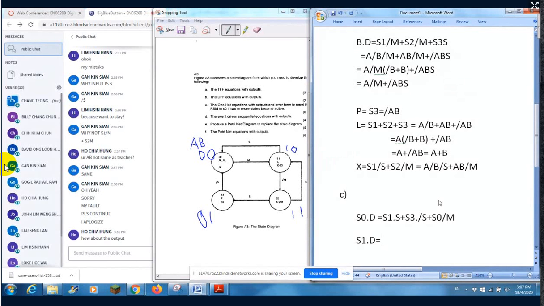Okay, S1D or S1, you actually are coming from two paths. S0 M, and also all with S2 M, all with S1.